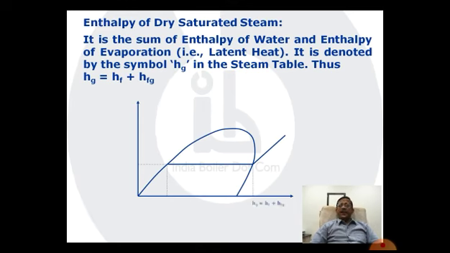The specific enthalpy of dry saturated steam is nothing but the sensible enthalpy of saturated water plus the enthalpy of evaporation. You add these two, you get the specific enthalpy of dry saturated steam. This is denoted by Hg and it is also available in the steam table. You don't have to add HF and HFG from the steam table, right?